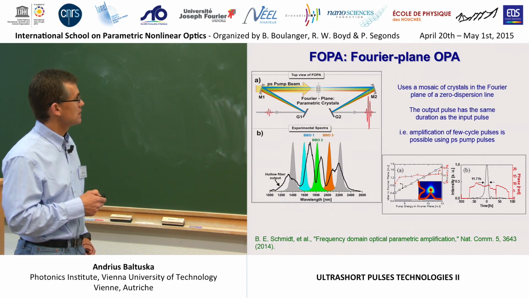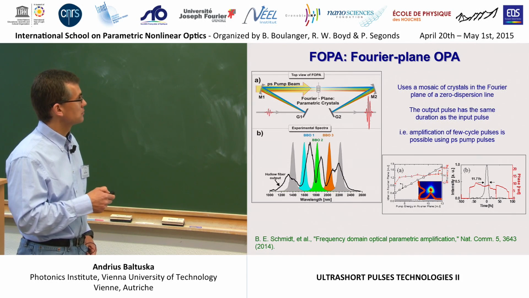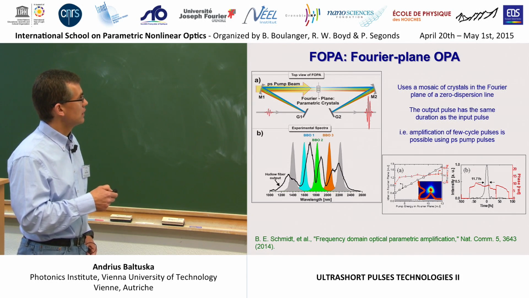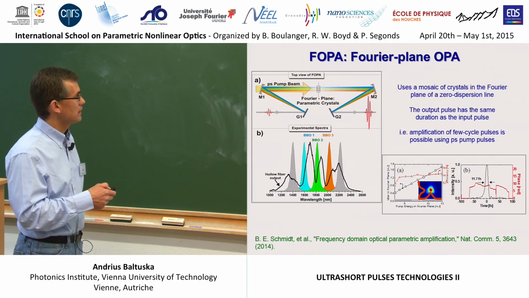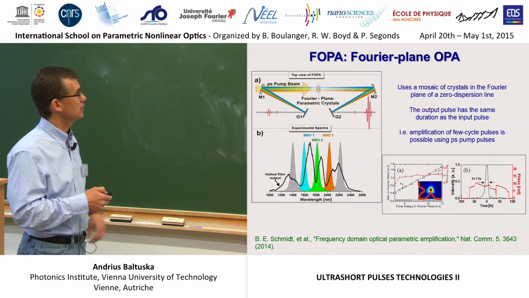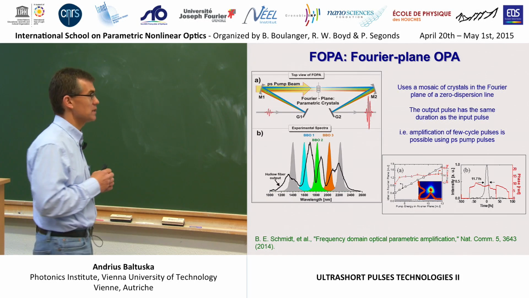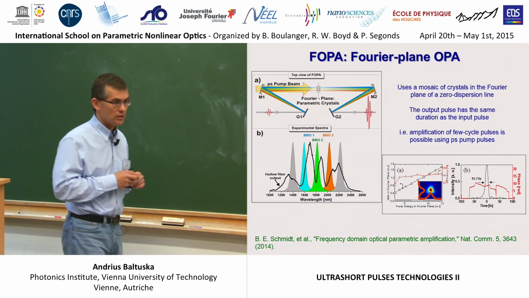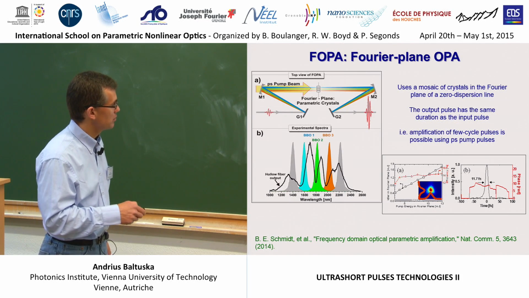So the idea is the same, that you're going in with a short pulse, you disperse it, and now each frequency or each wave packet gets its own amplification crystal. So this is a mosaic OPA crystal. Each piece of the mosaic crystal is tuned to its phase-matched bandwidth. So I need to comment on the bottom panel here.